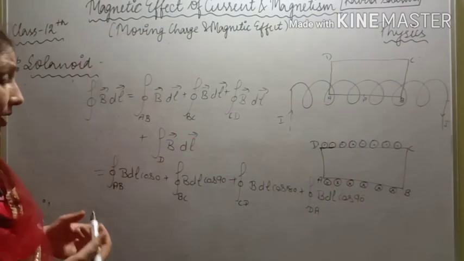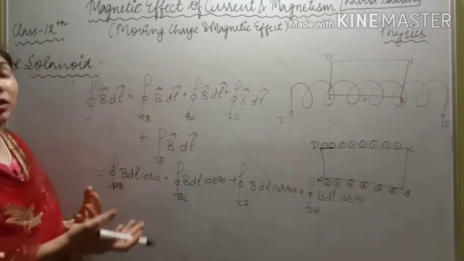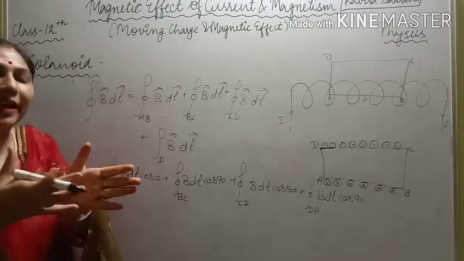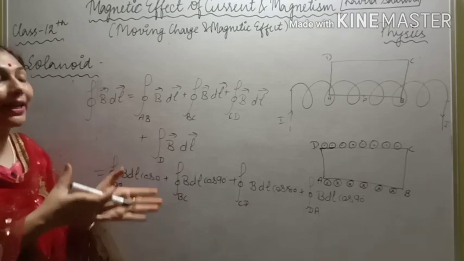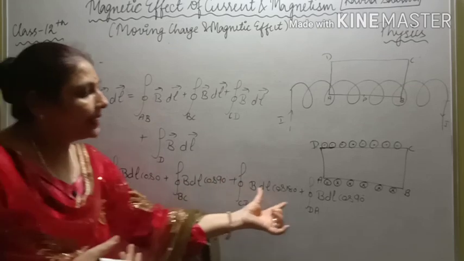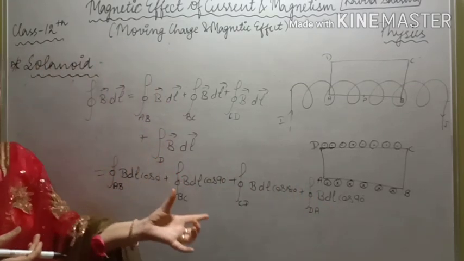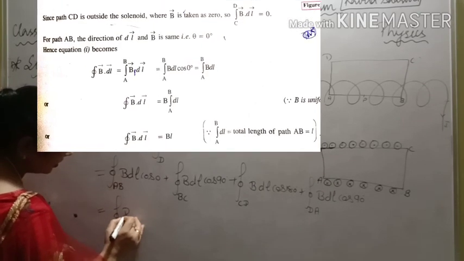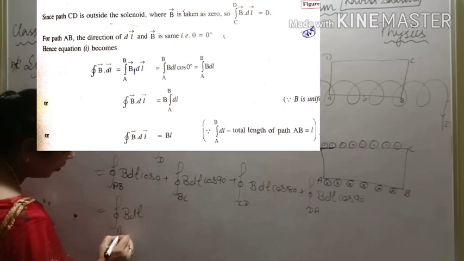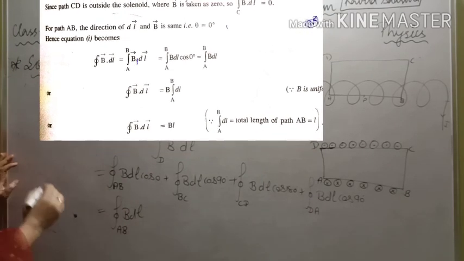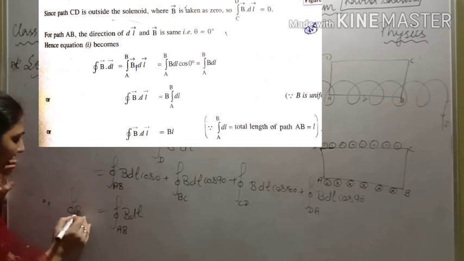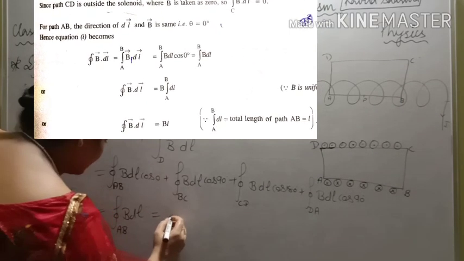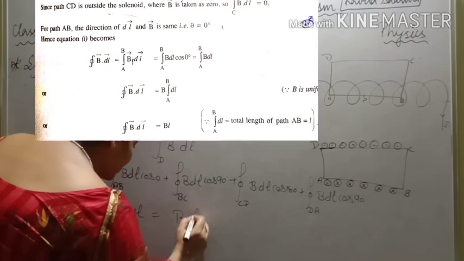We already told you the magnetic field outside the solenoid is very weak, which can be neglected and taken as 0. So these three quantities become equal to 0. Then we have only B dl along AB, and this will be equal to B into L.